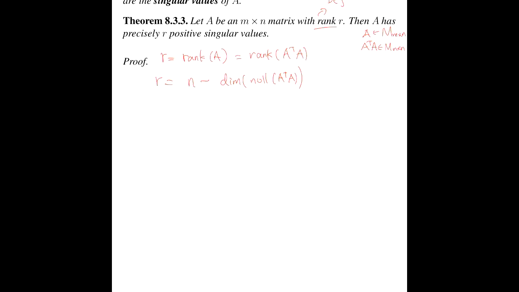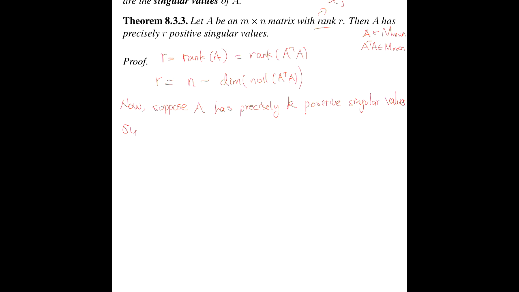Now suppose this matrix A has precisely k positive singular values. Of course, later on we want to show k equals R, but let's suppose they have k positive singular values.